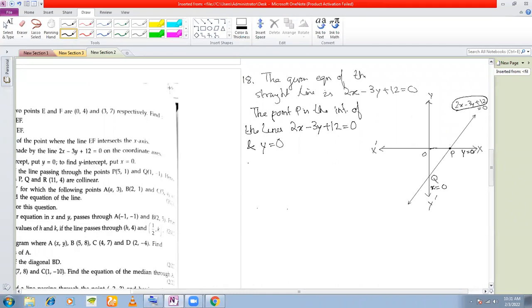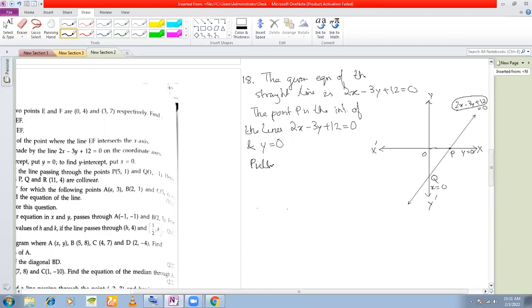And how do you obtain the point of intersection? By solving the two equations. And how do you solve these two equations? You put y is equal to 0 from this equation in the first equation.